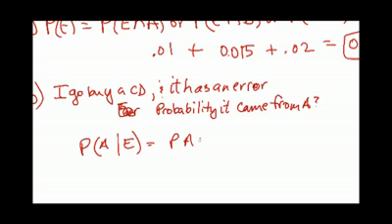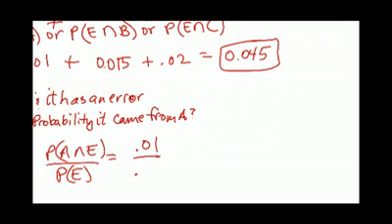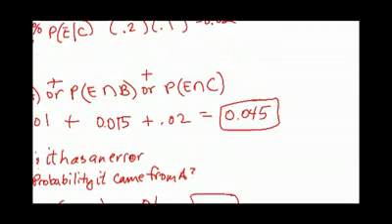So that would be A intersection E over the probability of the condition E, which is 0.01 divided by 0.045, and that's 0.2222.